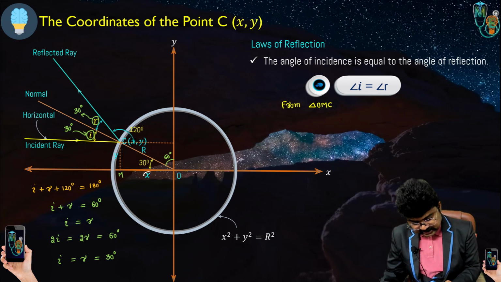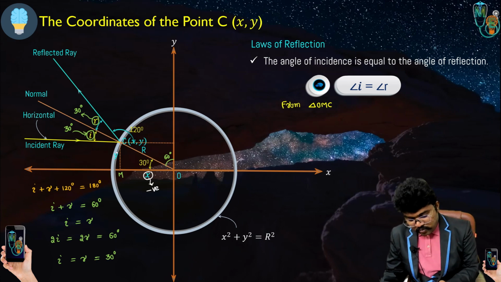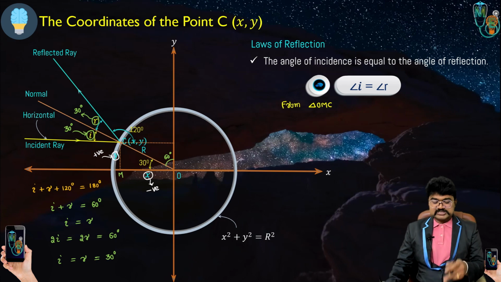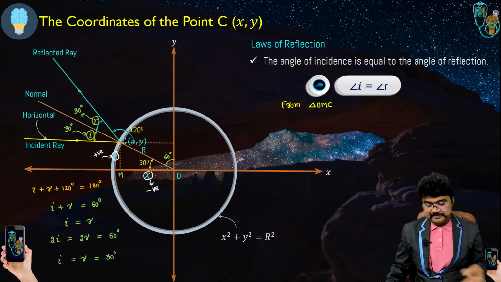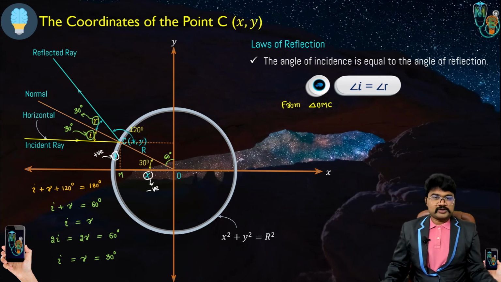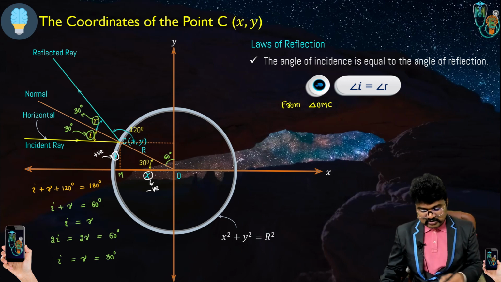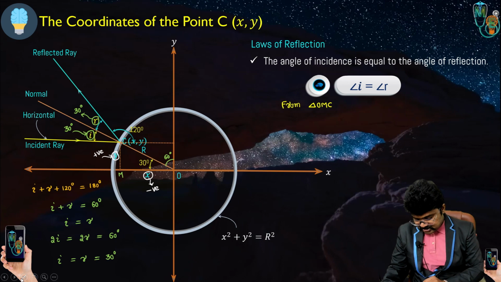X is what here? X will be negative. Y will be, Y is what? Positive. Y is positive. X is negative because it is towards the negative X direction. Y is along the positive Y direction. So now tell me, what is cos 30?